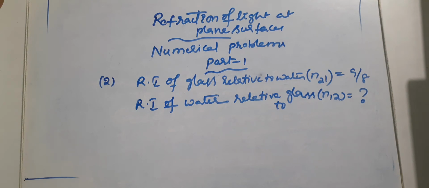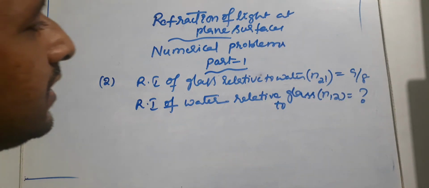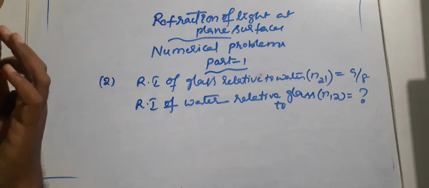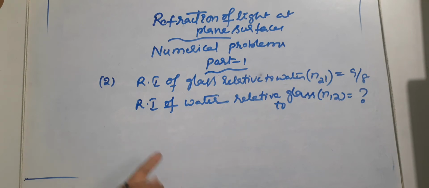This is the problem. This is the question. So now what is the solution? About this one, we did a video, that is, the relation between n12 and n21 in the relative refractive index, students. You can watch that video and understand the relation between n21 and n12.